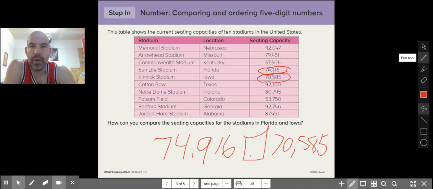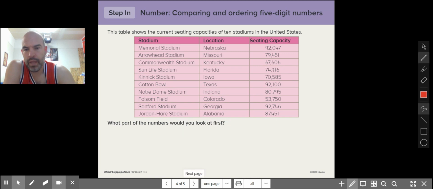Again, remember what I said, start with your greatest place value. So look at your 10,000s. Are they the same? Yep, cross those out. Look at your thousands. Okay, so this one has 4,000s and that one has 0,000. So that's pretty easy, right? We can easily look at that and say 74,916 is greater than 70,585. Put that greater than symbol, okay?